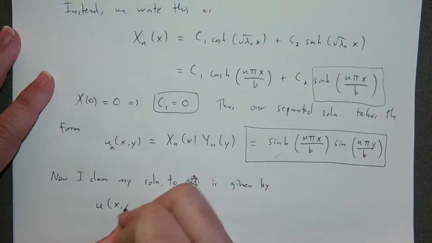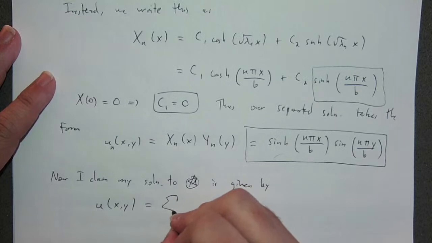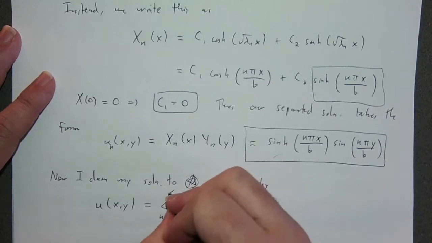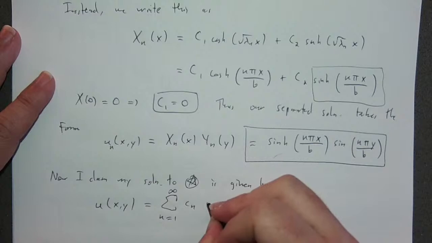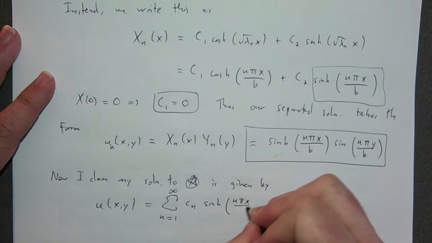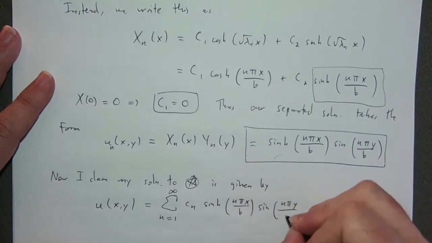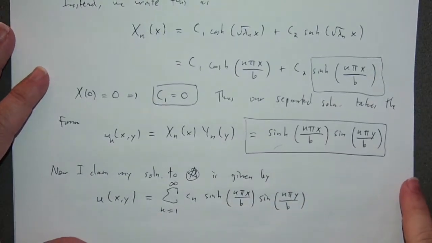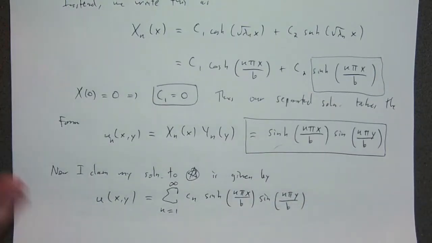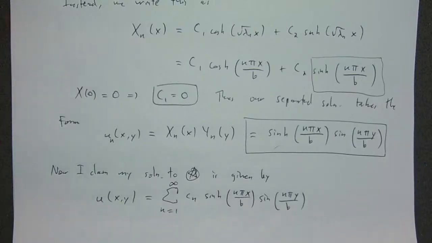So u of xy is equal to the sum from n equals 1 to infinity of some coefficient c sub n times sinh n pi x over b times sine of n pi y over b, where the c sub n's are going to be chosen in such a way that solve what I called an initial condition, but it's really the last boundary condition.